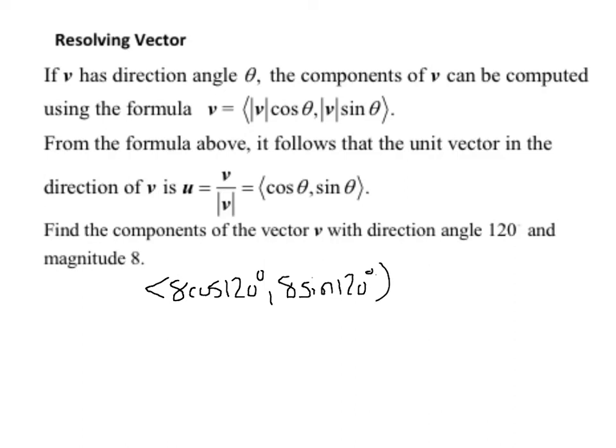Well, what's the cosine of 120? Negative 1/2, so you have negative 4. What's the sine of 120 degrees? Square root 3 over 2, so it's 4 square root 3. So there is the vector and the direction.